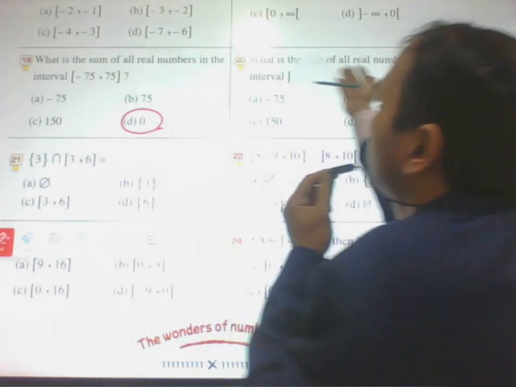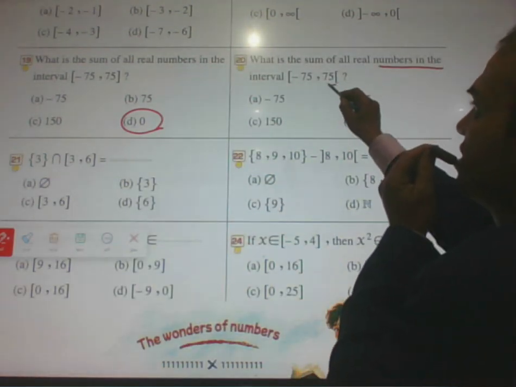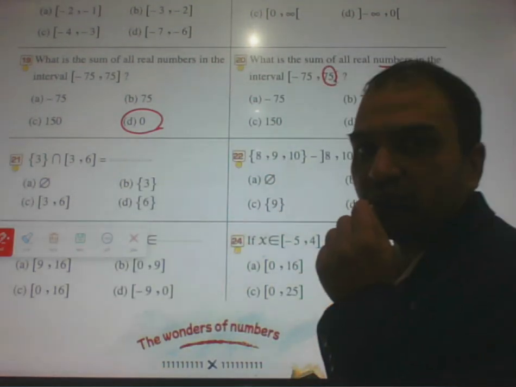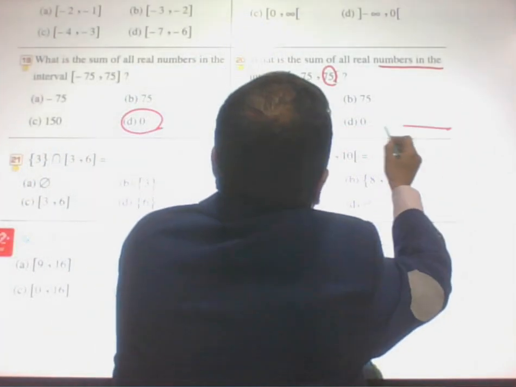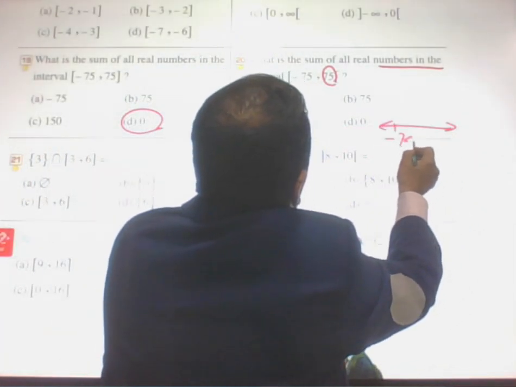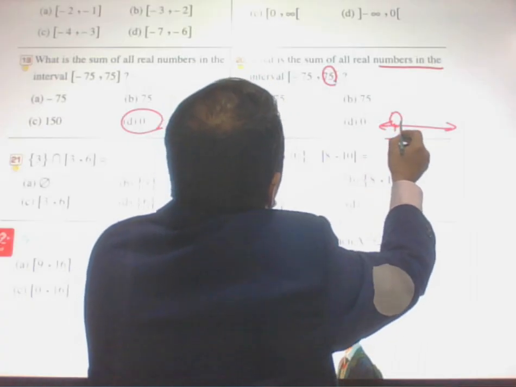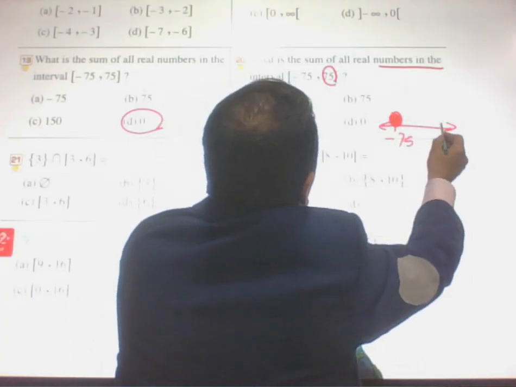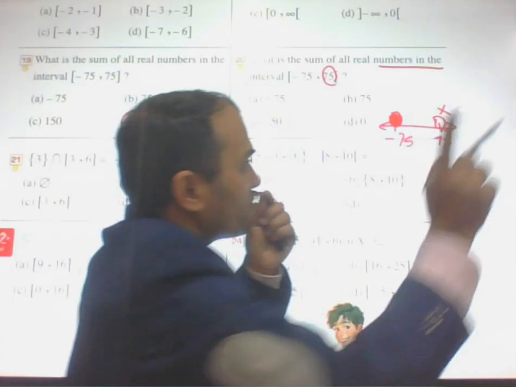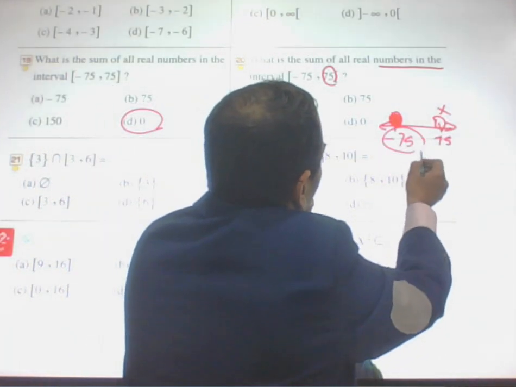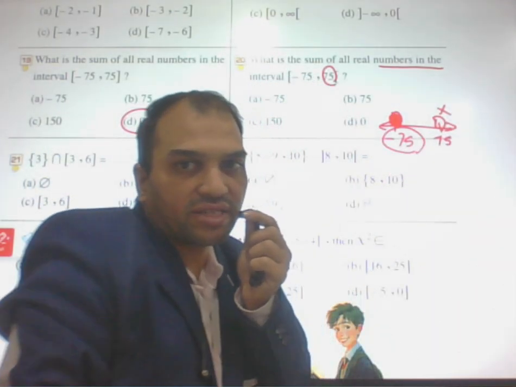And next question: what is the sum of all the numbers in this interval? Look here, it's open at 75. What does that mean? We have from negative 75, it's closed, but open at 75. 75 is open, so it does not belong to the interval. Then if we add negative 75, we don't have its additive inverse.